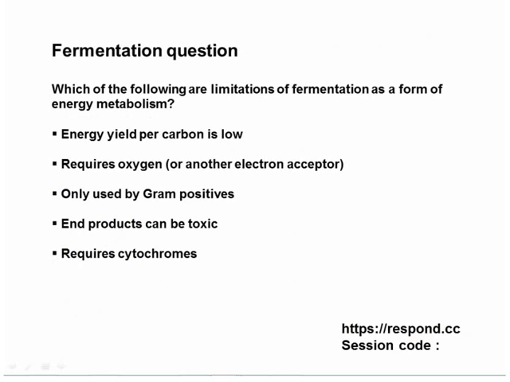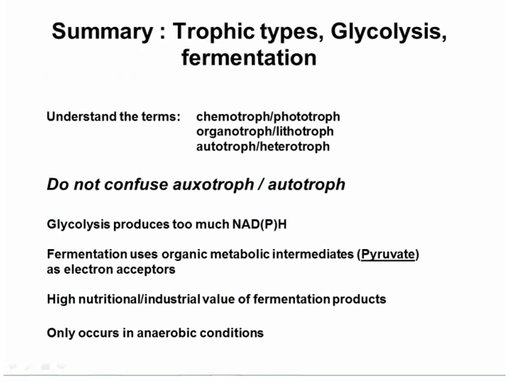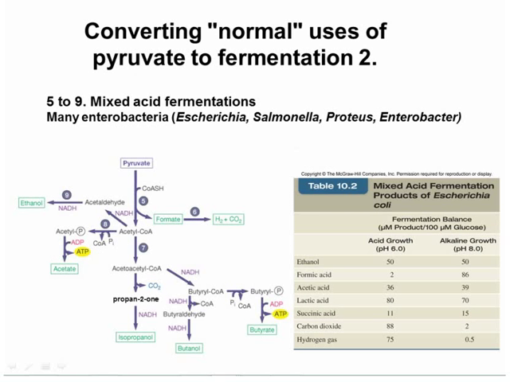But okay, let me go back to what I should be talking about in the first place here. So instead of producing acetyl-CoA through pyruvate decarboxylase, Escherichia coli will first produce formic acid plus acetyl-CoA.